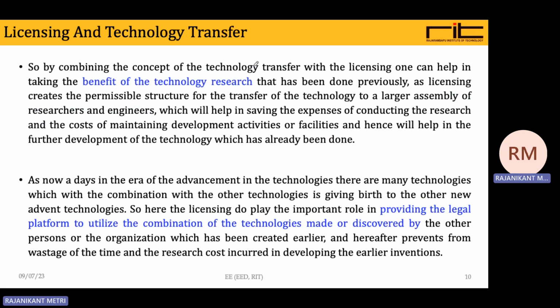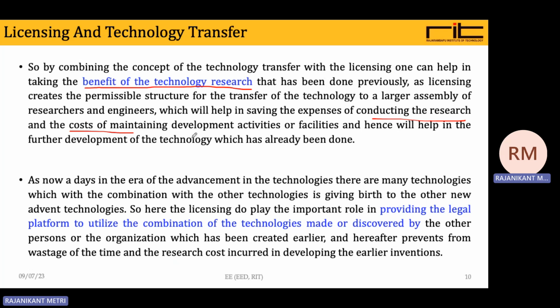By combining the concept of technology transfer with licensing, one can take benefit of technology research that has been done previously, as licensing creates the permissible structure for the transfer of technology to a larger assembly of researchers, engineers, and innovators, which helps in saving the expenses of conducting the same research and the cost of maintaining development activities.